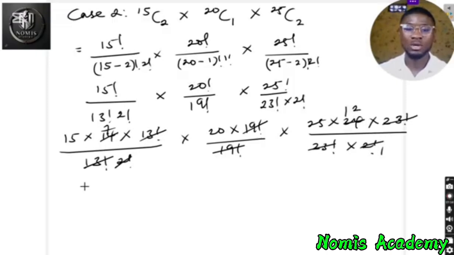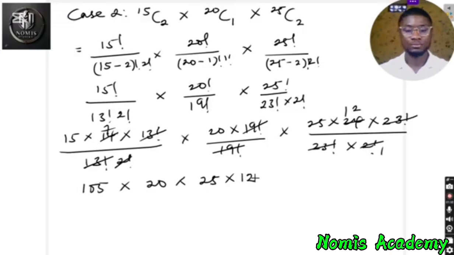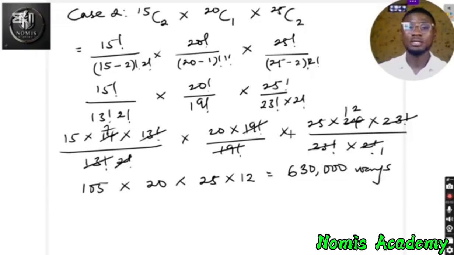This is 105 multiplied by 20 multiplied by 25 multiplied by 12. The answer is 630,000. So there are 630,000 ways this can be done.